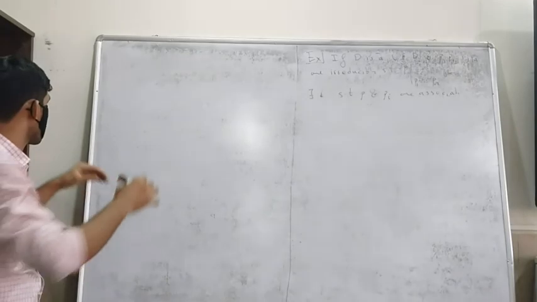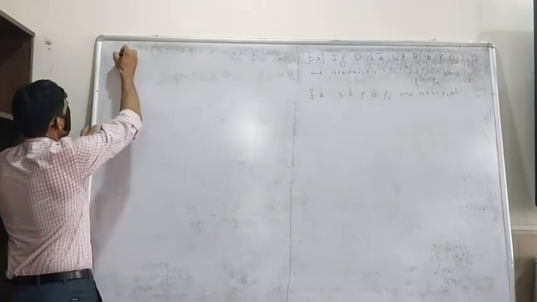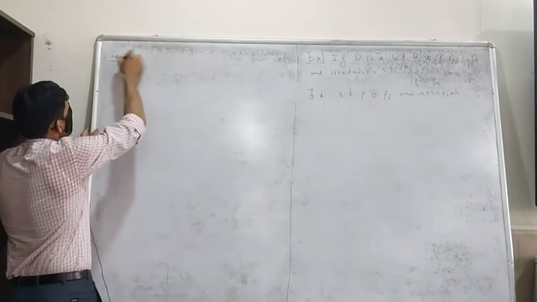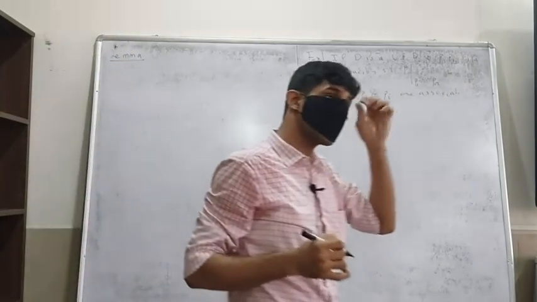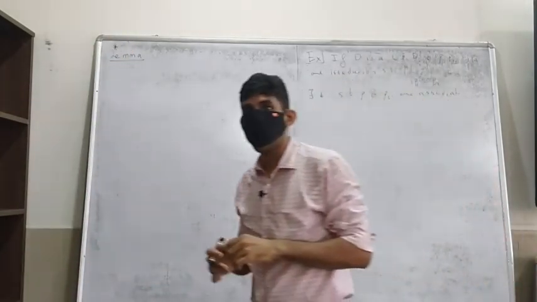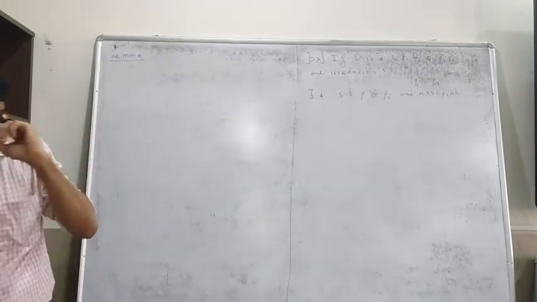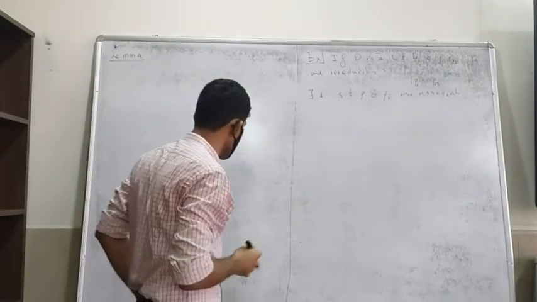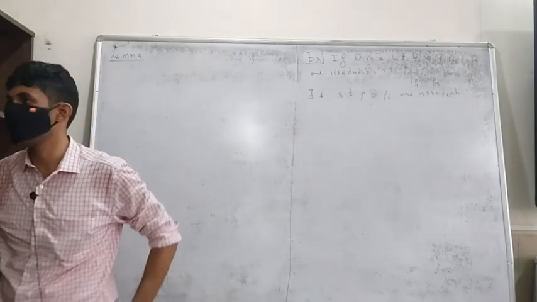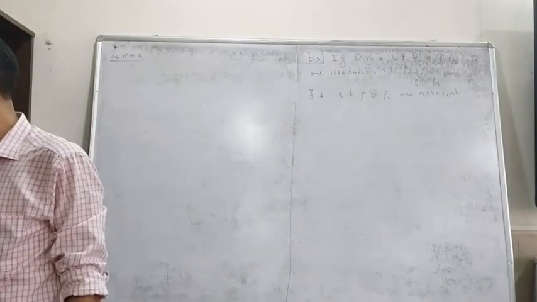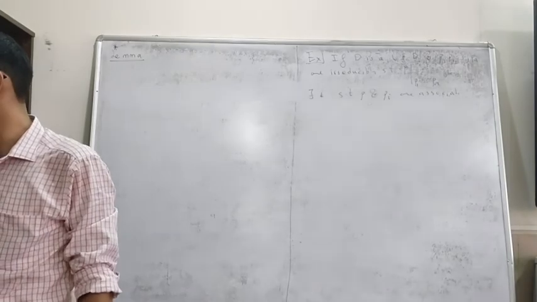It's a very simple fact to prove, and rings with such properties are called Noetherian rings. I can't recollect now.